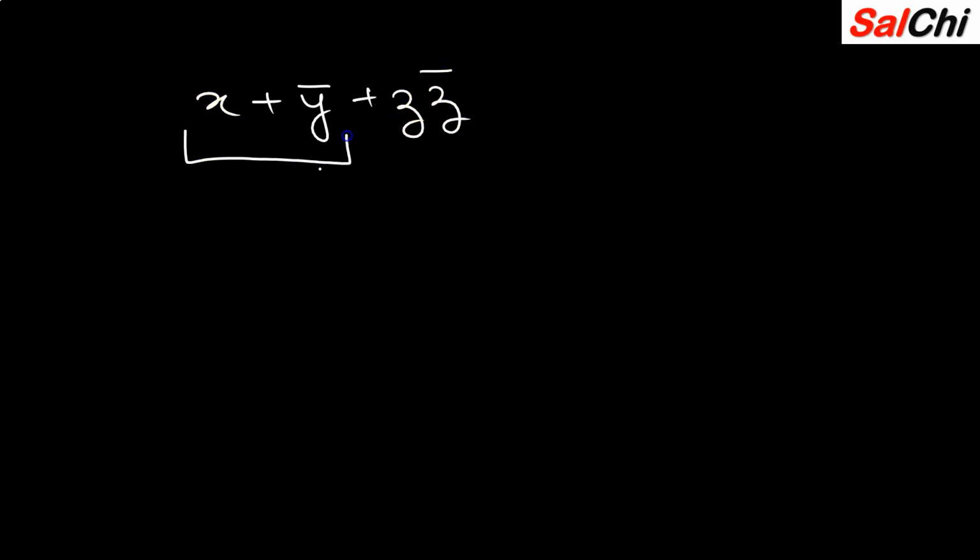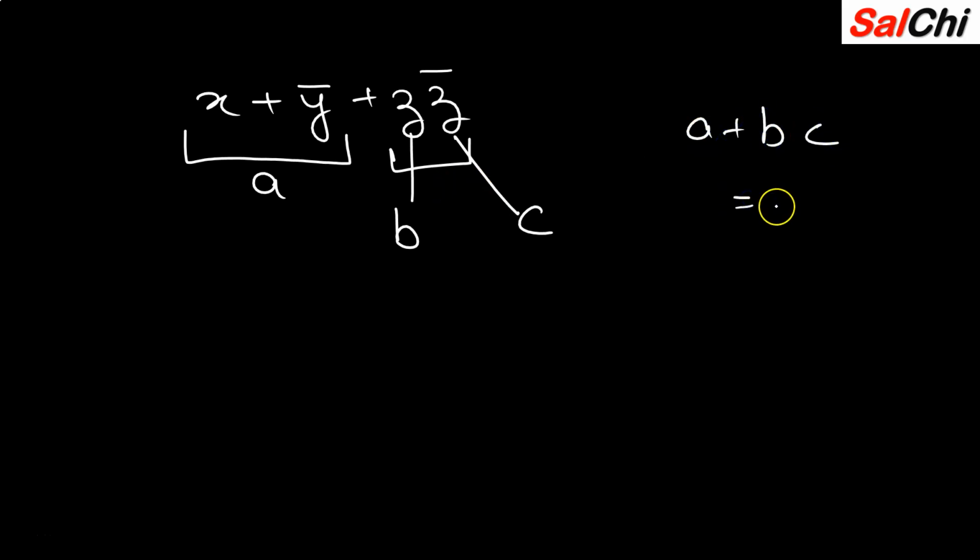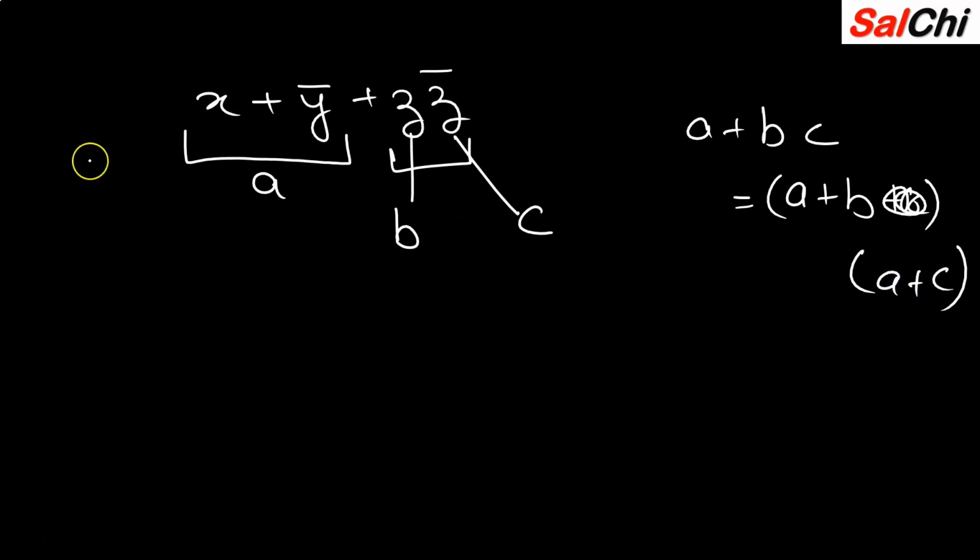I will consider this as A, this Z as B and this as C. I will put a law: A plus BC is equal to (A plus B) and (A plus C). This is my law.